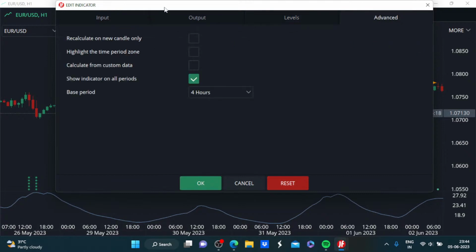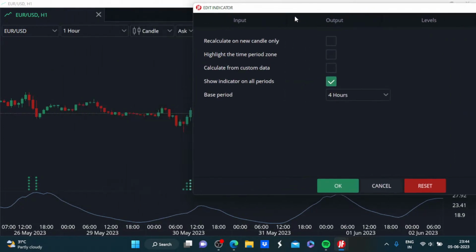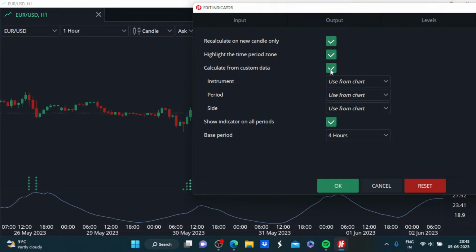Advanced editing option, calculate on new candle only. If you opt in, then the output will get locked in for the current grid at the levels of the initiation of the new candle. Highlight the time period zone, whatever is your current dominant cycle phase, it will be highlighted. You can customize it, but there is not much we can do in terms of customization as we had seen earlier.